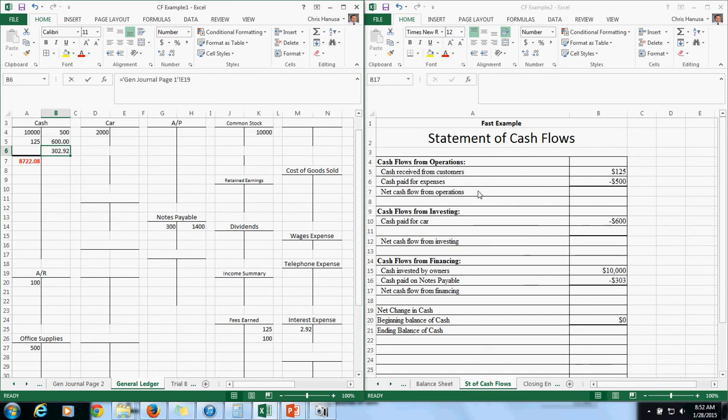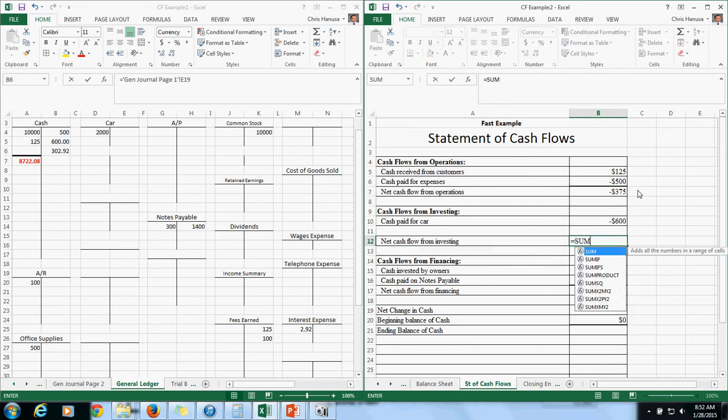To finish up our statement of cash flows, we simply total up our different activities. So equal sign, just for the sake of practice, we'll do sum. We can see we've lost $375 due to our operations. Again, equal sign, the sum. We've lost $600 due to investing. Equals sum. But we have gained $9,697 throughout our financing.